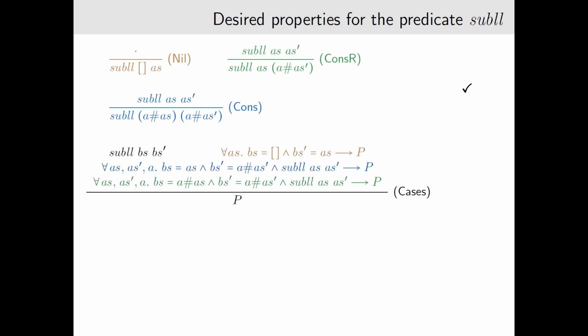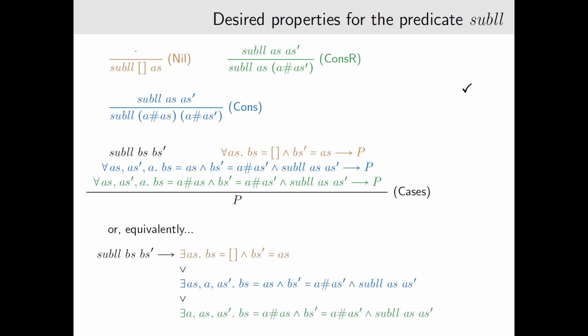By the way, I should have made this color matching already. So this corresponds to the different rules. Okay. So these are two different ways of writing the case rule, which, remember, corresponds to our relation being a postfix point, right? The direct rule corresponds to our relation being a prefix point. The case rule corresponds to our relation being a postfix point.